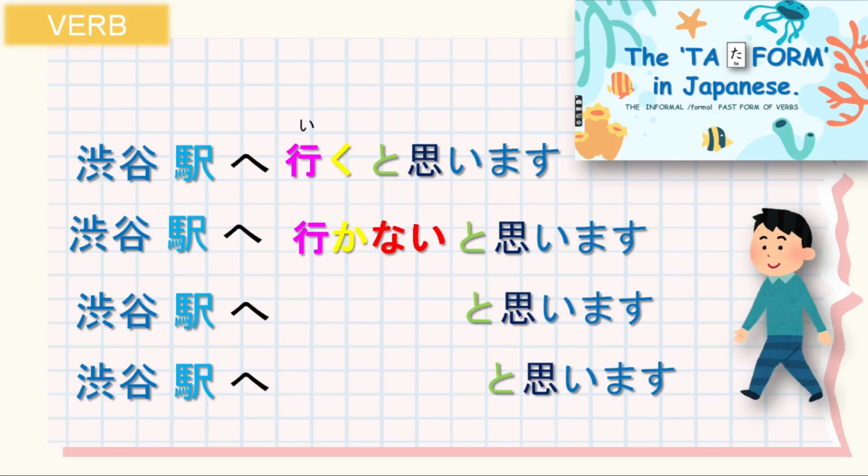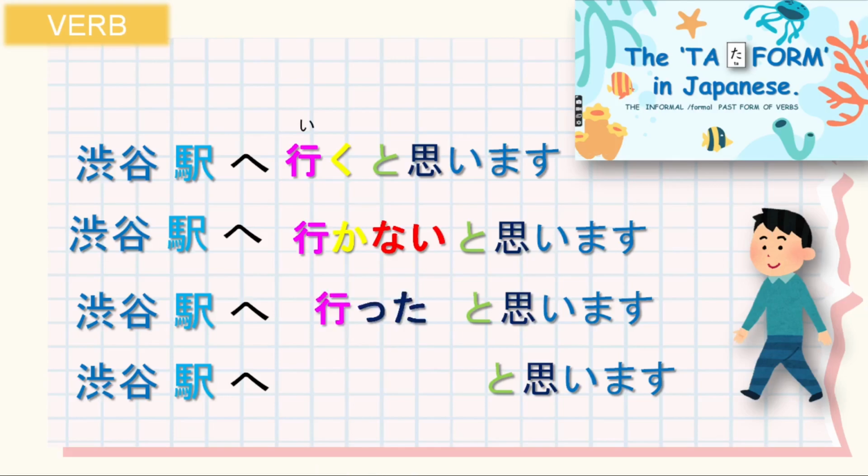I am not explaining it in detail here because I have already uploaded a video on that. So I'm assuming that you already know this, right? Again, I'm still explaining it just so that you leave with no confusion. Iku. Ku becomes ka. Ika. And to make it negative, we generally add this nai, right? So together, ikanai.